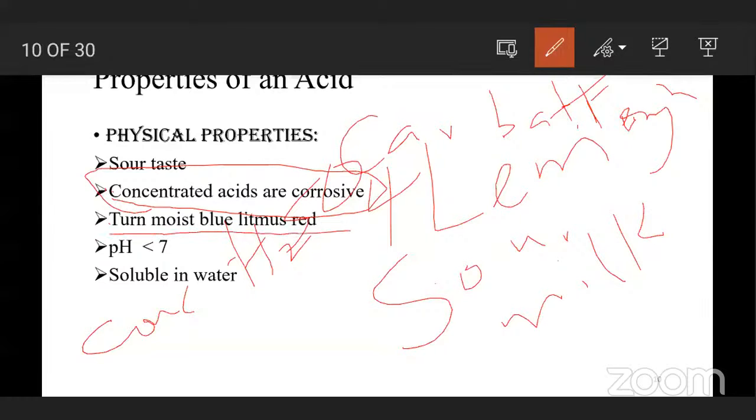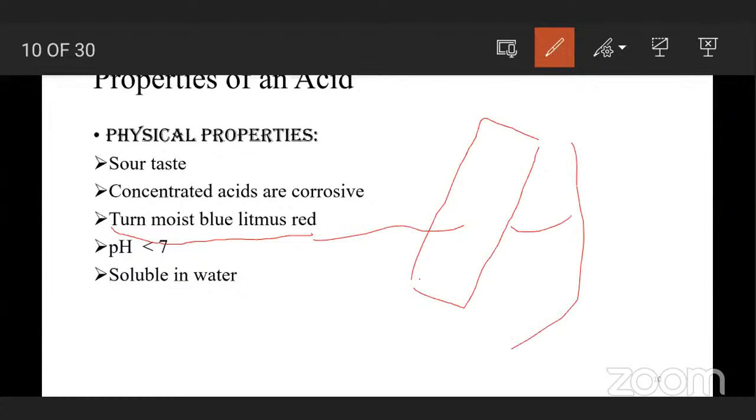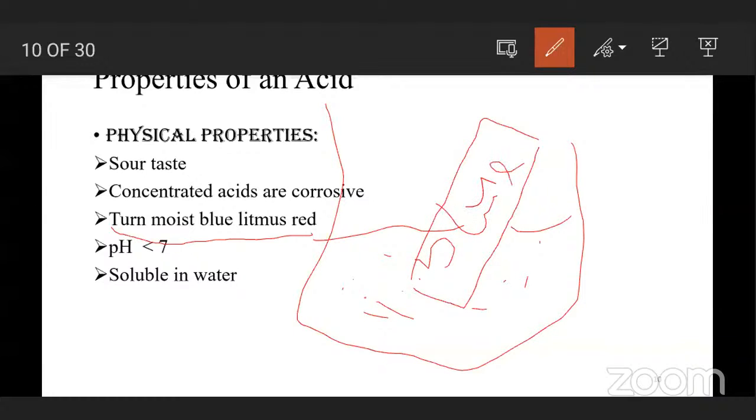Another property that we can look at is that an acid should be able to turn a moist blue litmus paper red. If you have a blue litmus paper and you dip it into a solution of an acid, you observe that the color will start changing to red.